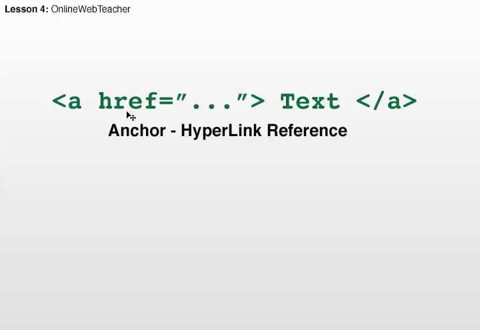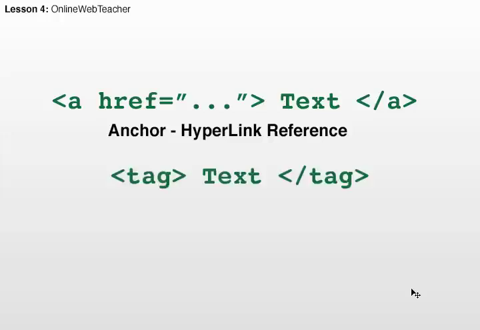So in this case, it says that it's an anchor and it has a hyperlink reference equals, and between the quotes you specify the document or the site that you want to go to, and inside these tags you specify the text that you want to show. So basically the basic format of a tag is the start tag, whatever you want to use inside it, and the end tag.